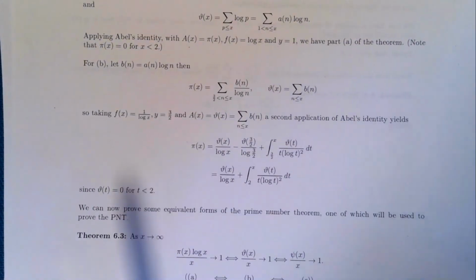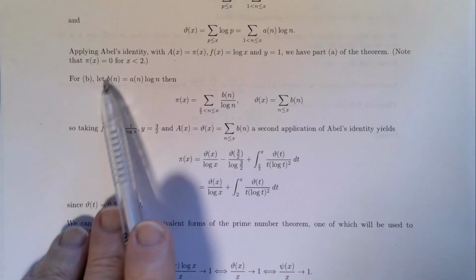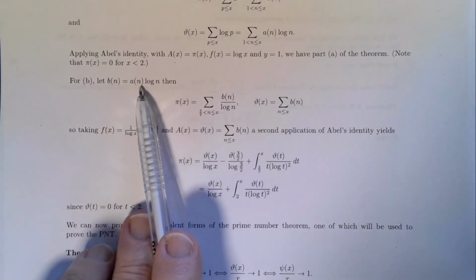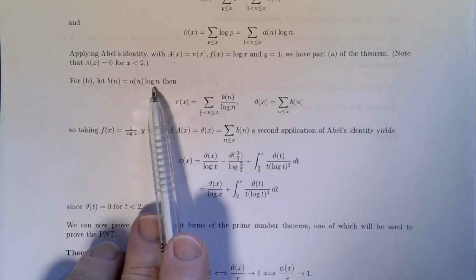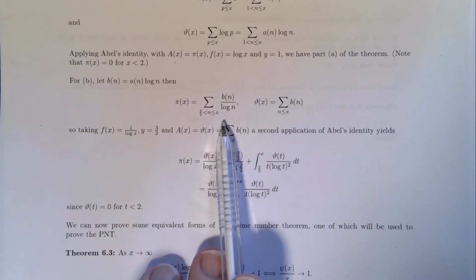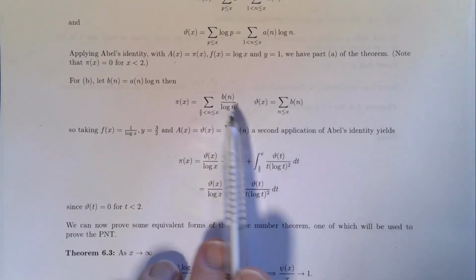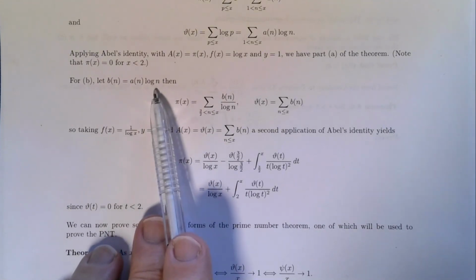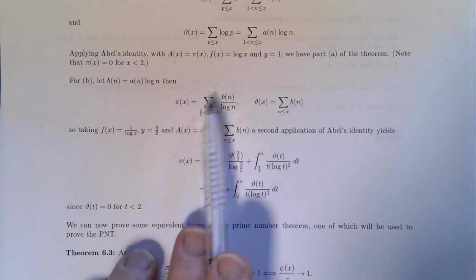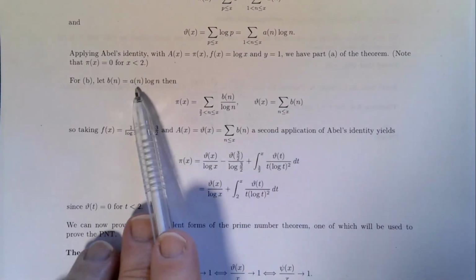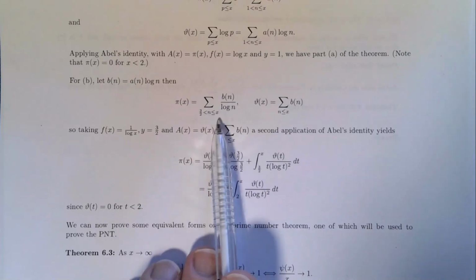For part B, a little bit more fiddly. We now take the sequence b(n) as this a(n) we had above, times log n. And then pi of x we can write in this form, because pi of x is just the sum of 1 over the primes, which is the sum of b(n) over the natural numbers, and the logs cancel out.